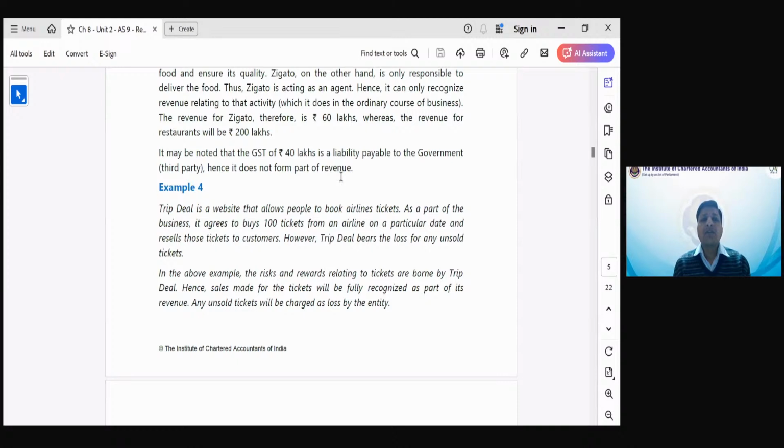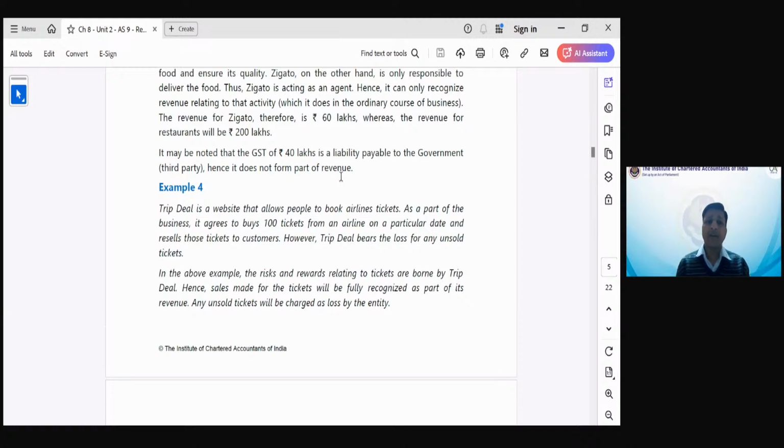As a part of the business, it agrees to buy 100 tickets from an airline on a particular date and resell those tickets to the customers. However, it's TripDeal which bears the loss for any unsold tickets.